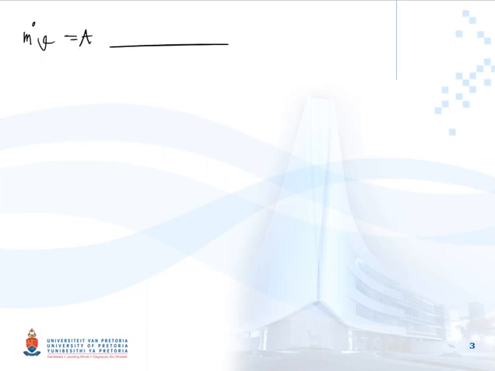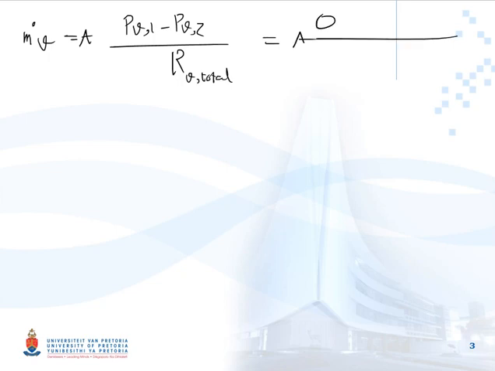So m dot v equals A times (phi 1 P_sat1 minus phi 2 P_sat2) divided by R_v total, which is the relative humidity on one side times the saturation pressure at temperature 1, minus the relative humidity of side 2 times the saturation pressure at temperature 2, divided by R_v total.